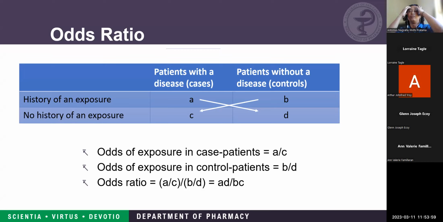We just call these risk factors, not single causal factors, only factors that can increase the probability of getting an illness or a condition.